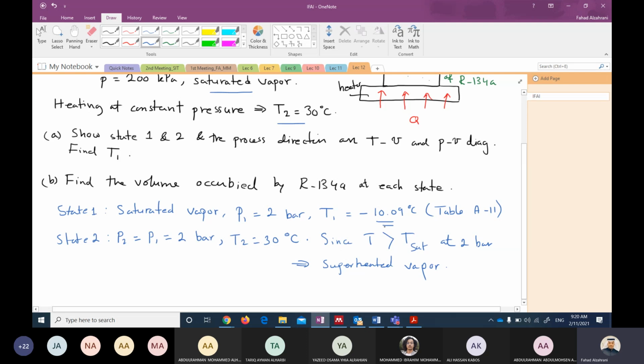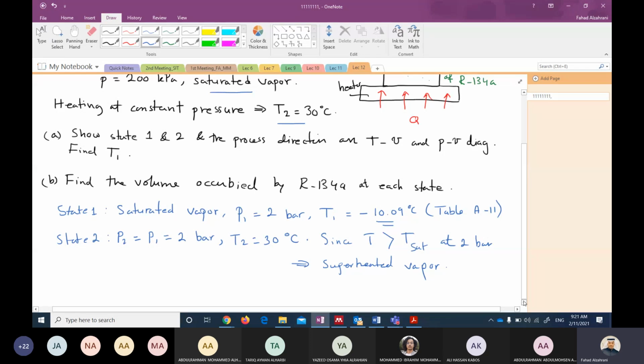So it must be superheated vapor. Any questions here? Does anyone have a problem? No, no, Doctor. If you have any question or something not clear, please ask.